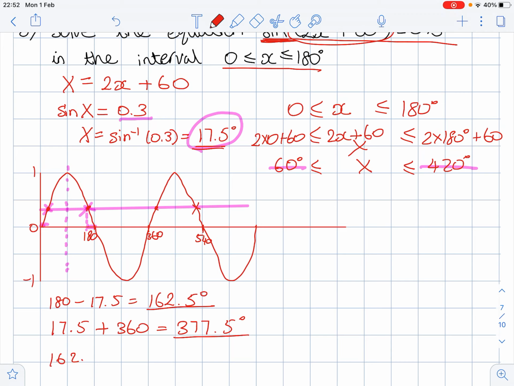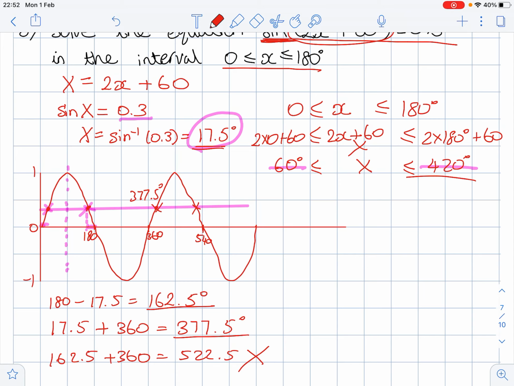So this is 162.5 plus 360, which is 522.5. And this is not in my range, so this value I do not want. So this point I just found is 377.5.